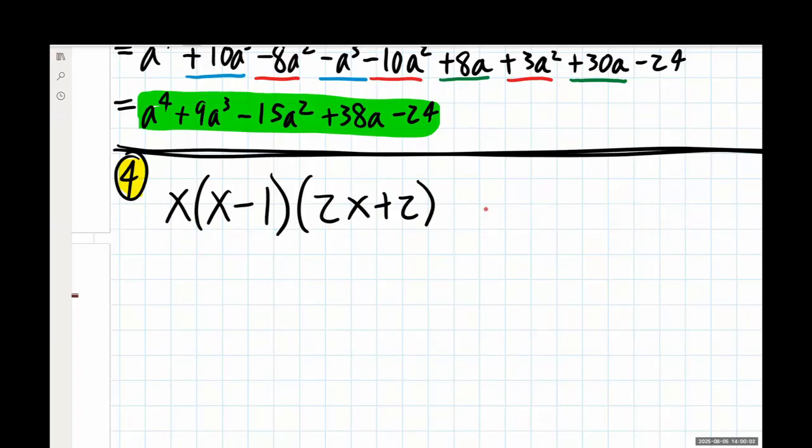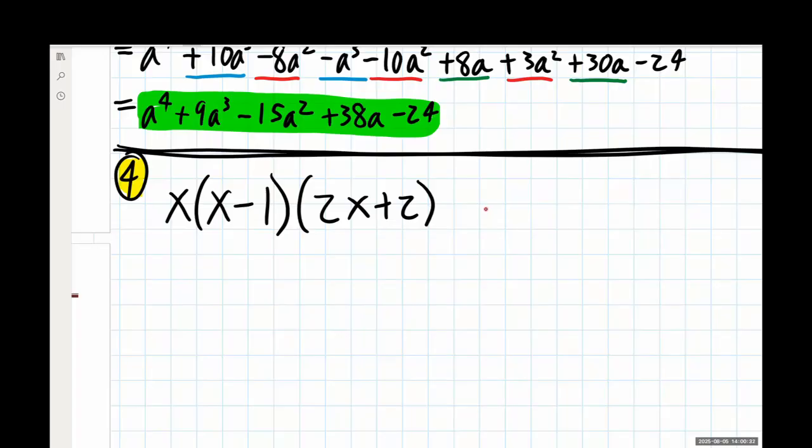Or we could multiply the middle and last polynomials together and then deal with what comes afterwards. Or I could multiply the first and the last polynomial together and then deal with what comes afterwards from there. Any of those things work, but again, only work with 2 polynomials together at any given time. If you want to do more than that, you're going to over distribute and you are going to get wrong answers there.